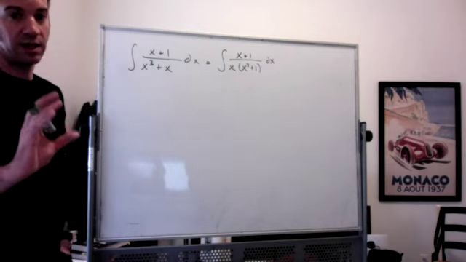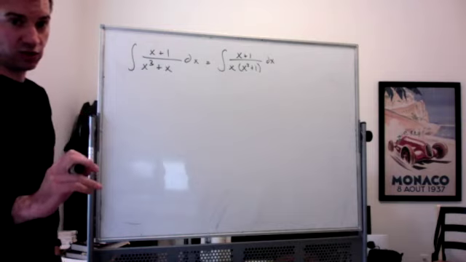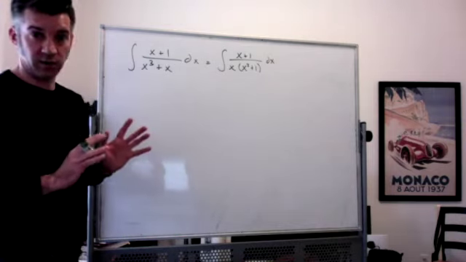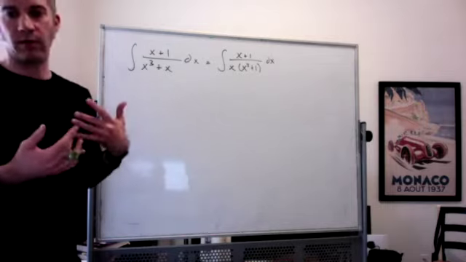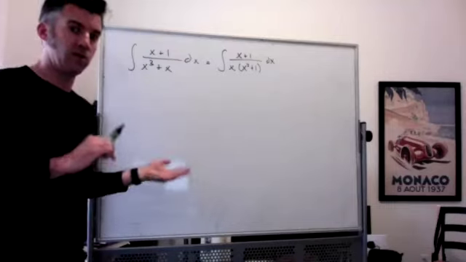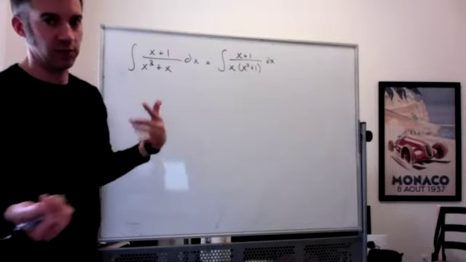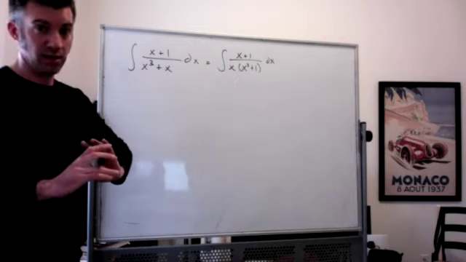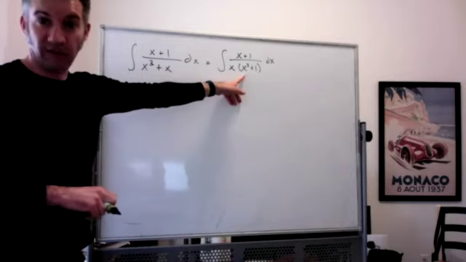Now, here's the thing that's kind of special. For our regular factors, the linear factors we've had, like x minus 2, x plus 2, x minus 1, x plus 3, all those are linear factors, right? There's some mx plus b. But x squared plus 1 is not a linear factor.